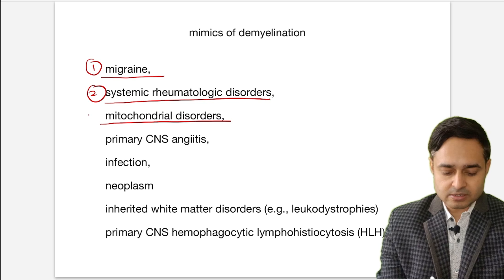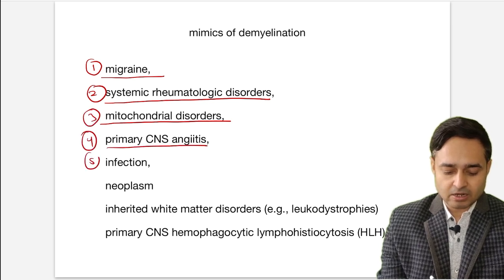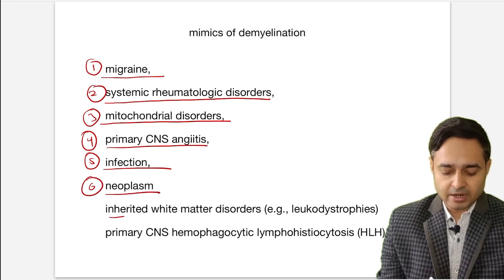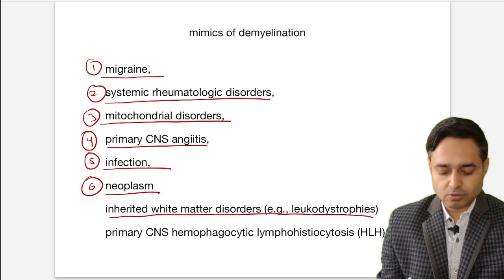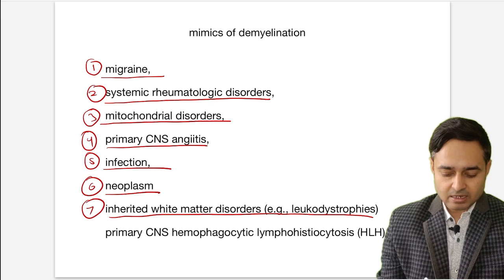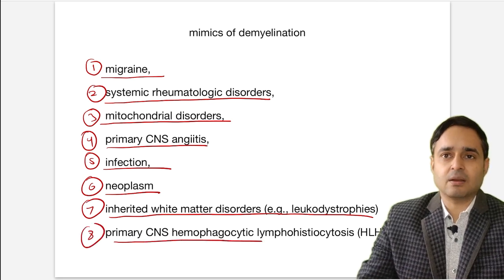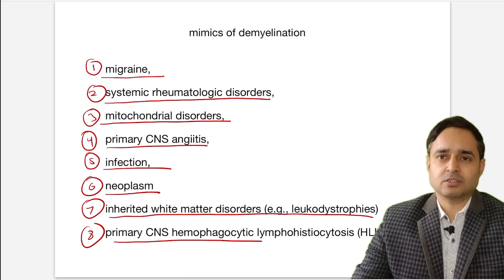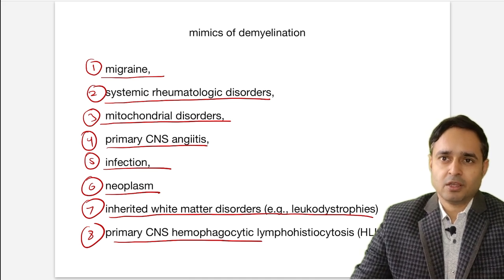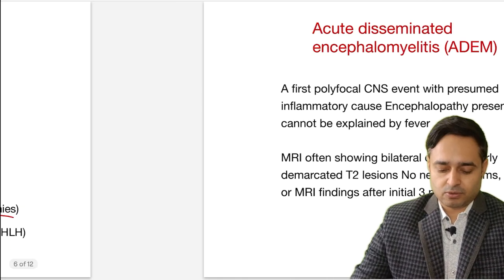Mitochondrial disorders, primary CNS angiitis, infections, neoplasm, inherited white matter disorders, that is leukodystrophies, and primary CNS HLH syndrome. So these are mimics of demyelination. This is a very important and potential area for MCQs.